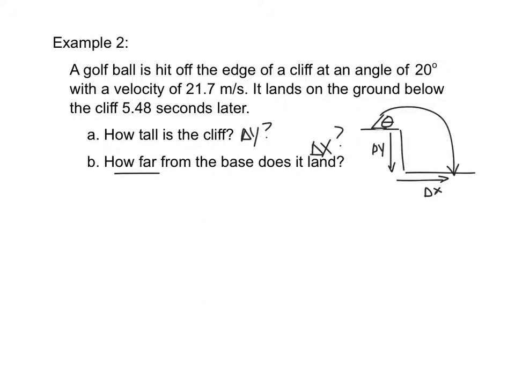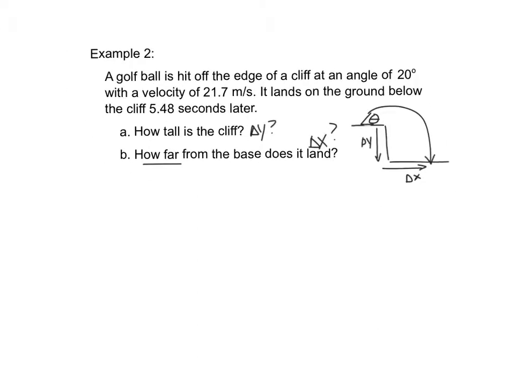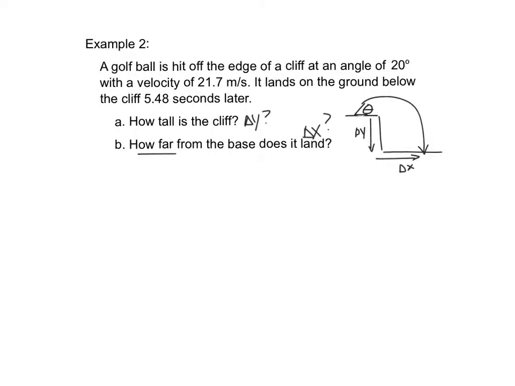Now, this is obviously a slightly more complicated problem because we're dealing with an angle. However, our approach is going to be the same. It's going to be to draw this out, which I did while I was explaining the problem, break this into two sides, the x side and the y side, write out our givens for both the x and the y, and go about solving it.